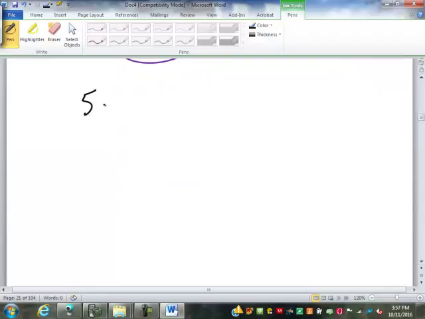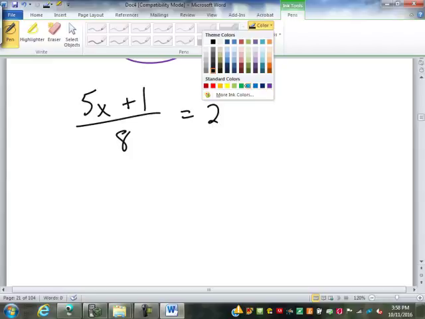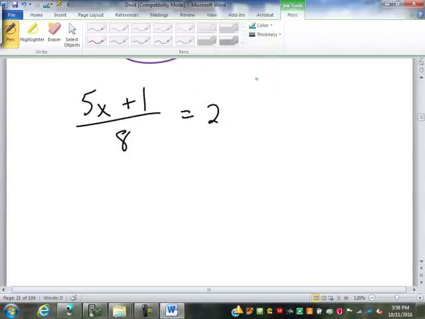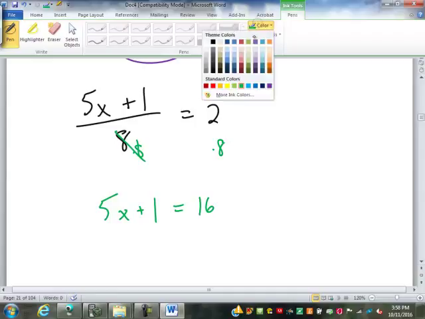So we might have 5x plus 1 divided by 8 equals 2. Try that in your notes. See if you can make it work. What's our first step? Multiply by 8. So 5x plus 1, 2 times 8 is 16.